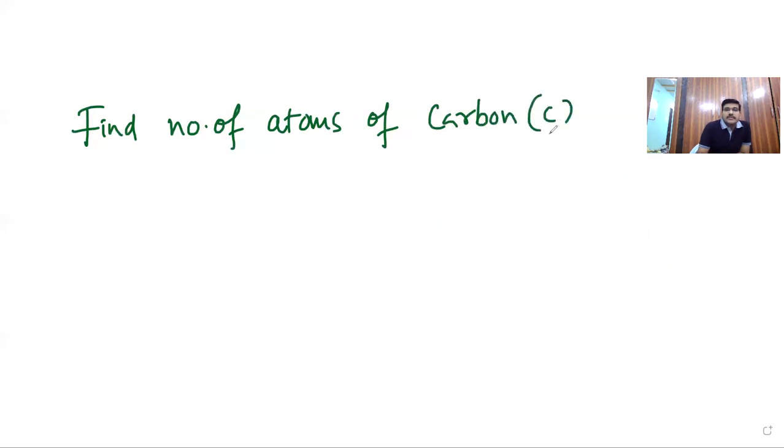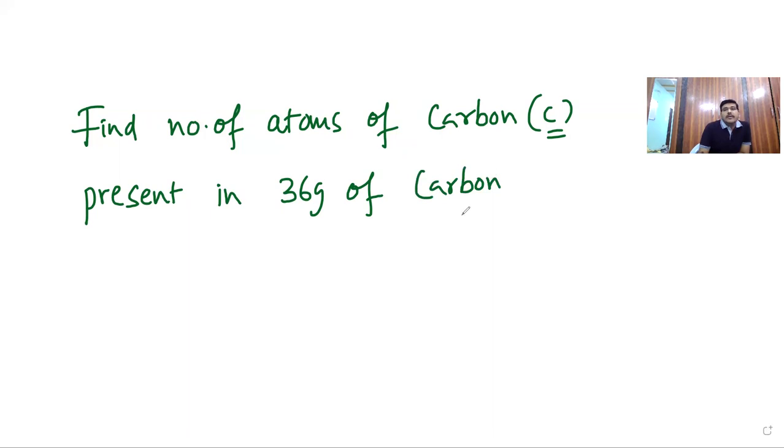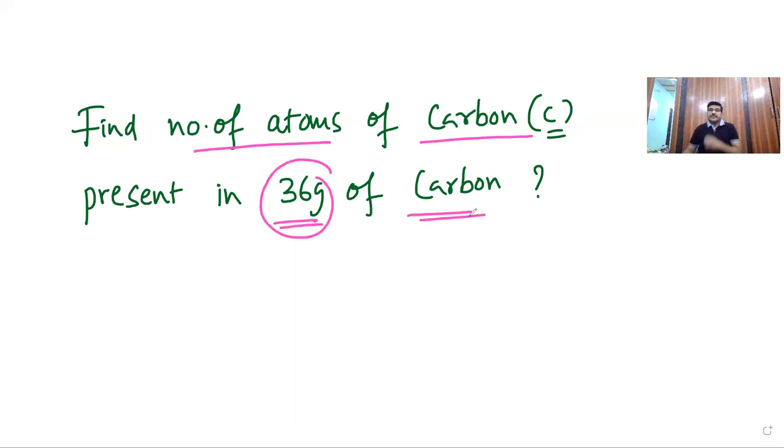Carbon is in the bracket, I have the letter C. Observe, find the number of atoms of carbon present in the 36 grams of carbon.